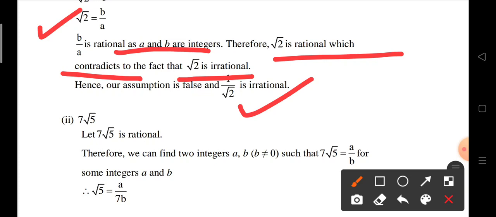Similarly, we can proceed with 7 root 5 as a rational number. Again we consider it in a upon b form, where a and b are integers and b is not equal to 0. Here we shift the 7 to the denominator side.